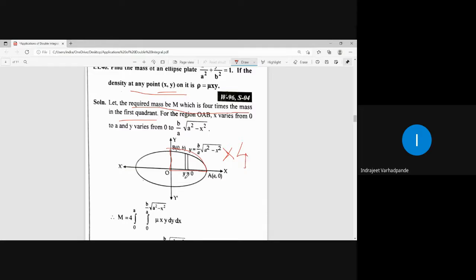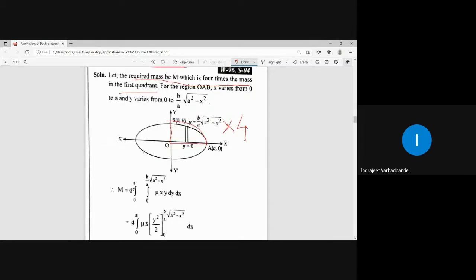By taking a vertical strip, the limits of y will be variable, the limits of x will be constant. 4 multiplied by limits of x moving from 0 to a, and limits of y from 0 to the ellipse, convert the ellipse in terms of the variable, so it becomes y is equal to b by a under root of a square minus x square. Rho is mu xy and integration with respect to x as well as integration with respect to y.